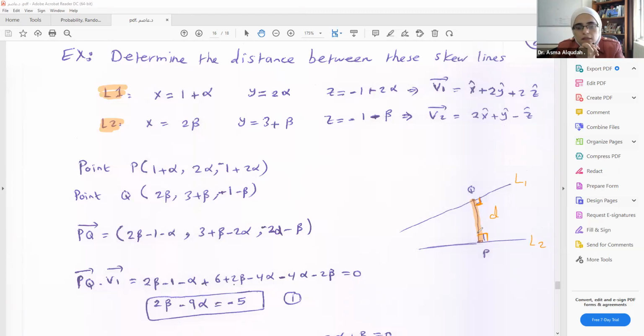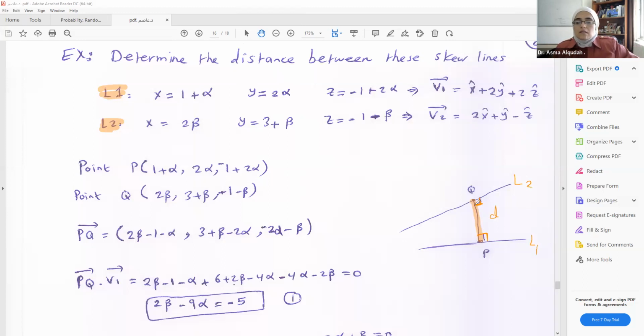Now to find the distance between the two lines, what we need to do is assume a point P. Let's say this is L1 and this is L2.